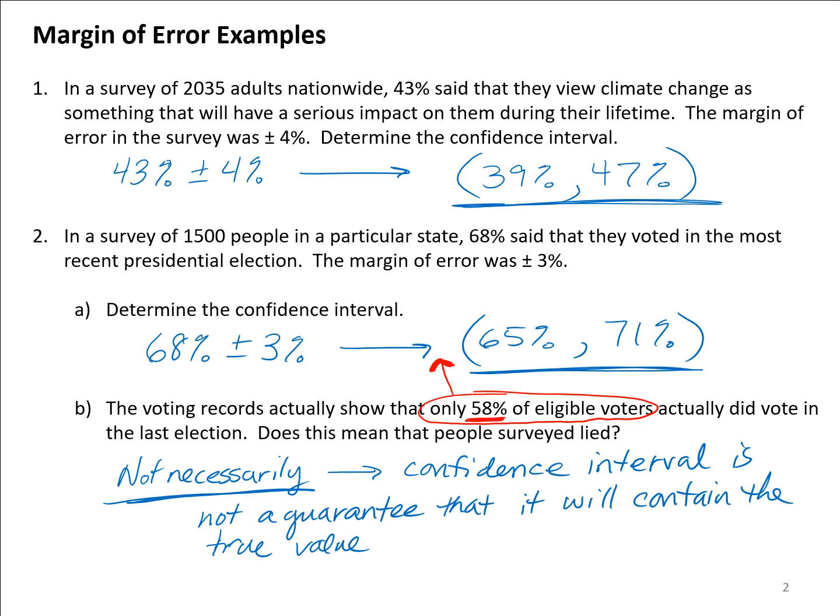On the other hand, we talked about something called response bias from a perceived lack of anonymity.